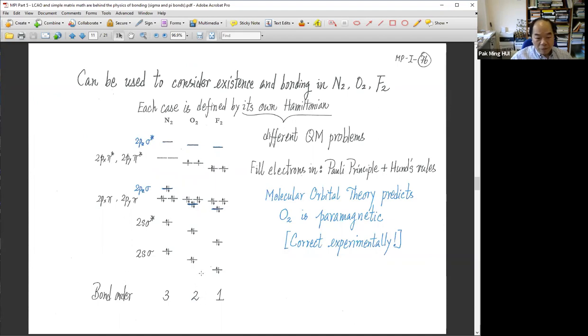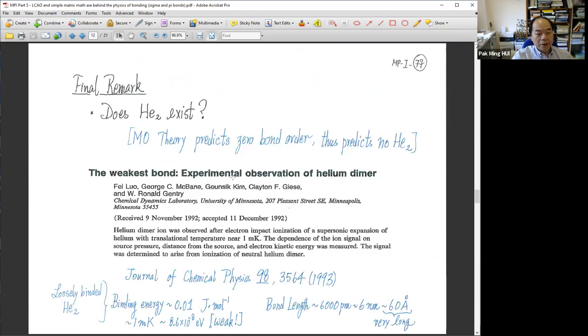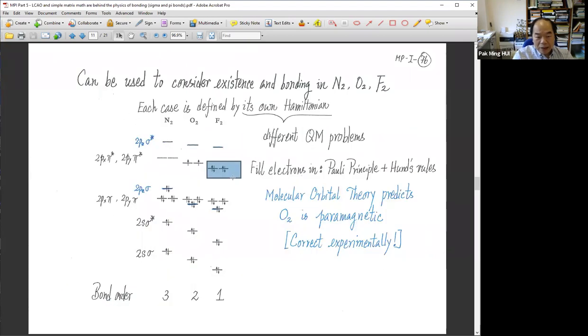Okay. And for fluorine, the same story goes. You have 2 more electrons in the antibonding state, and therefore the net in bonding is just 2. Divided by 2, you only have a bond order 1. It is a single bond. So that is the story about bonding, still the same kind of atoms.